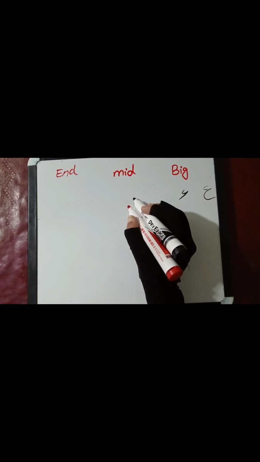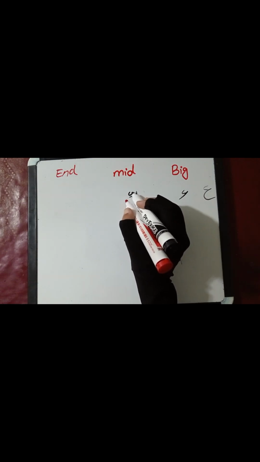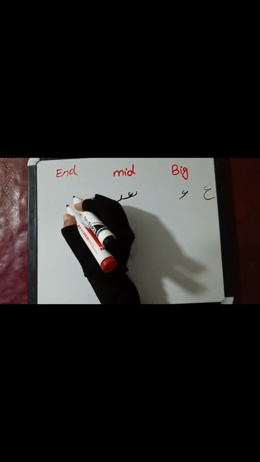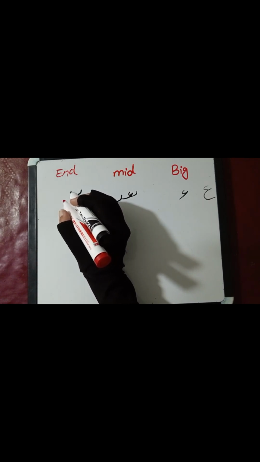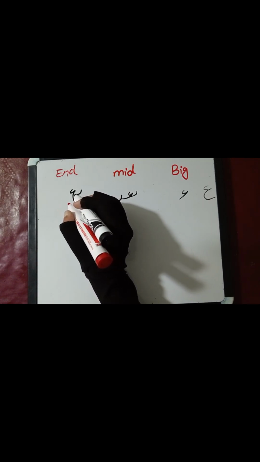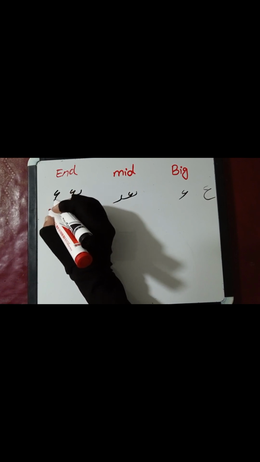Zoe, same like toy, the beginning shape, the middle shape, and the ending shape. And the beginning shape, in the middle with two connectors, in the ending with one connector and sometimes without connector.